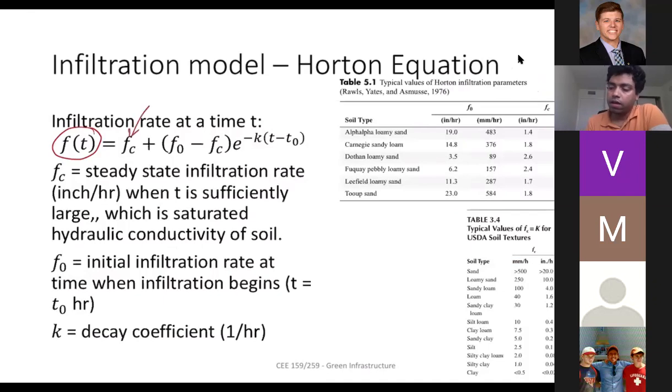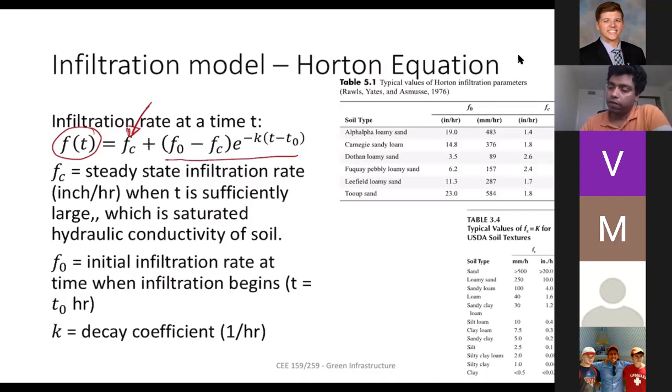That means this is the infiltration if you continue to have rainfall for infinite time. Once the soil is completely saturated, this is the steady state infiltration rate you will receive. And then there is an exponential term that accounts for how it decreases over time.